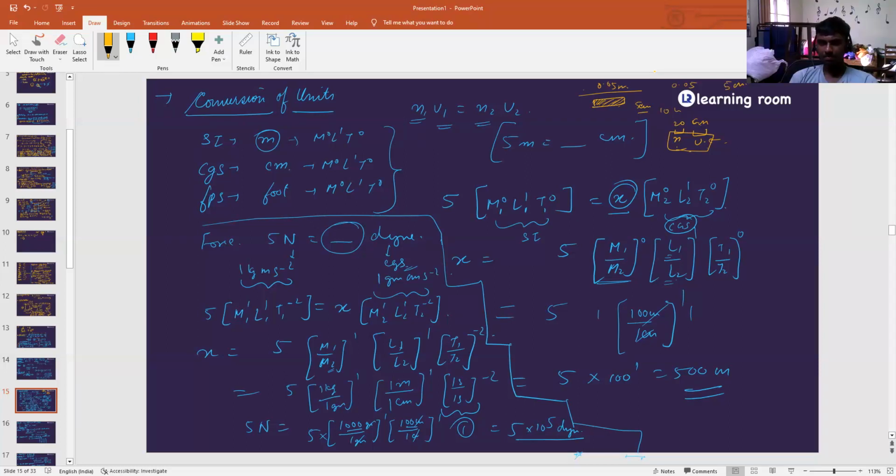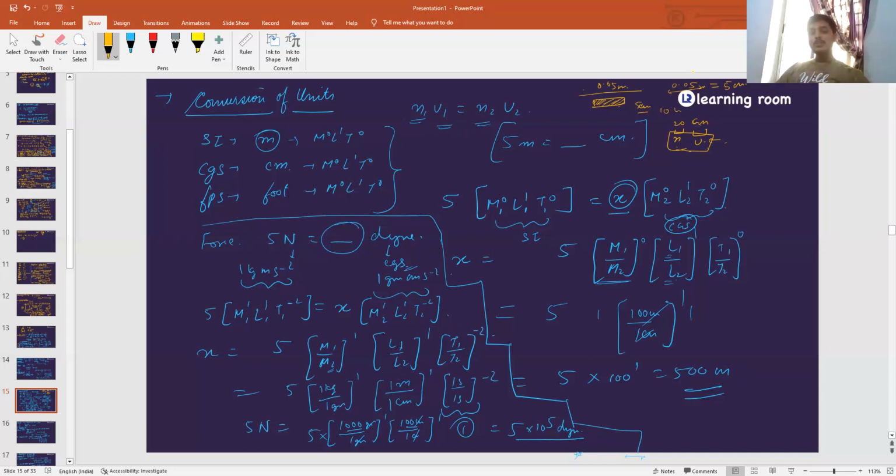No, sir. If I ask Rohit to give me a length of 0.05 meter, and I ask Chitesh to give me a length of 5 centimeter, won't you both be giving me the same value? Yes, sir.